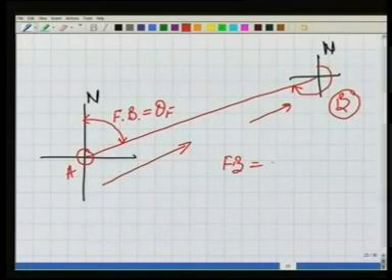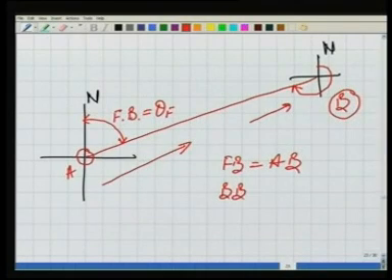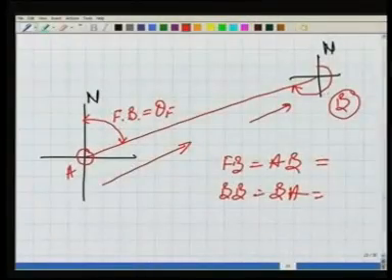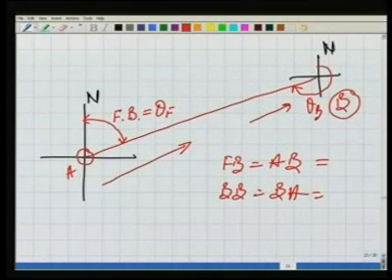So the fore bearing was for AB and the back bearing is for BA. Now how do we decide whether we are going forward or not? It's basically the direction of our movement, and we have taken these bearings as, let us say, theta B. So theta F and theta B.